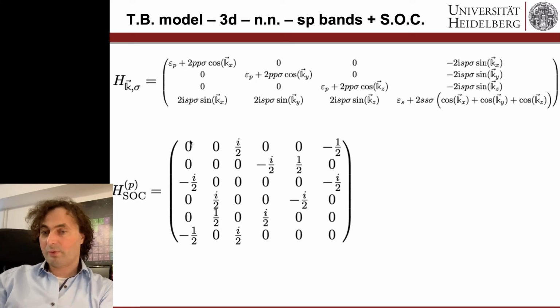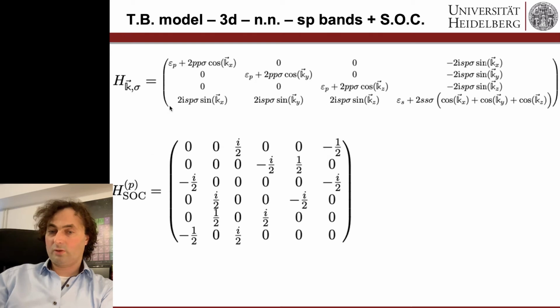And the basis for spin-orbit coupling here is px with spin down, px with spin up, py with spin down, py with spin up, pz with spin down, pz with spin up. And then the dispersion of the px orbitals is here on the diagonal, the py orbitals there on the diagonal, the pz orbitals there on the diagonal.